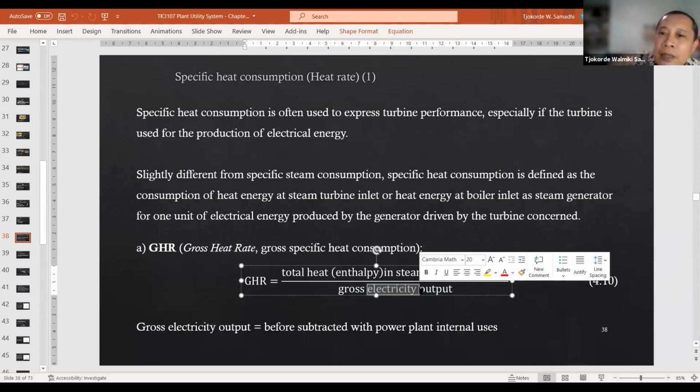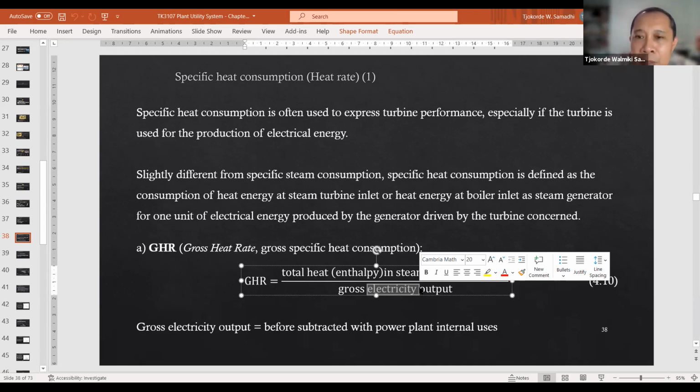The quotient, bilangan pembaginya, is gross electricity output. So we're no longer talking about mechanical energy in general, but about electricity output. If your turbine is not connected to an electrical generator, then you cannot calculate HR, heat rate.